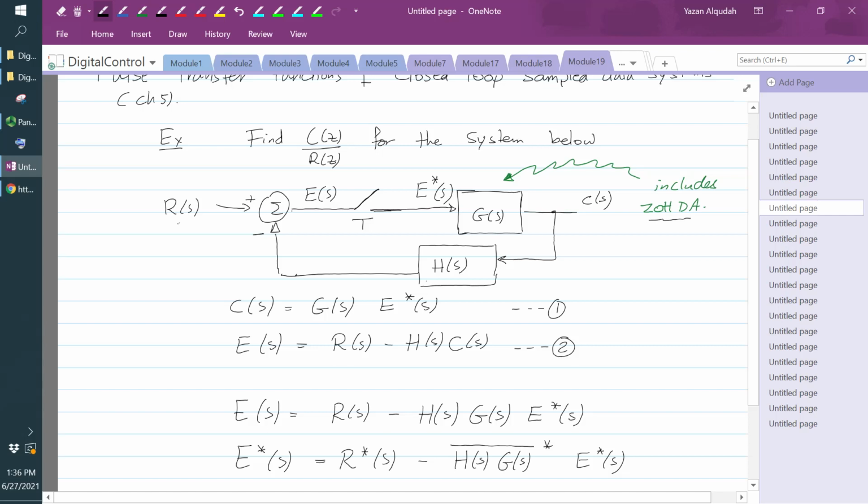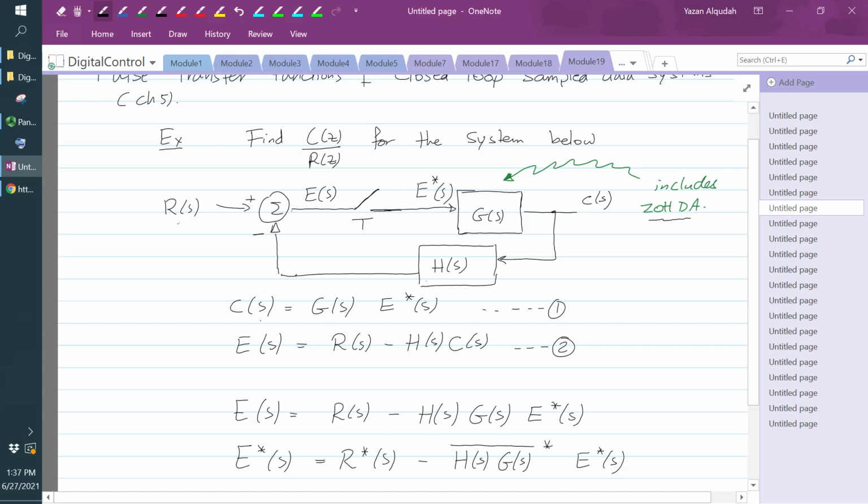What's missing here is a filter that I can apply to the discrete time signal that I've sampled. But for the time being, for the sake of doing the calculation, we're going to just look at this configuration. So how do we get the transfer function C of Z over R of Z? C of S is equal to G of S multiplied by E star.